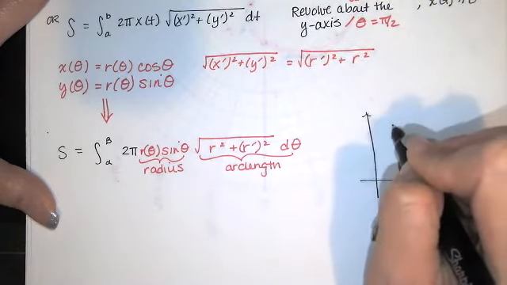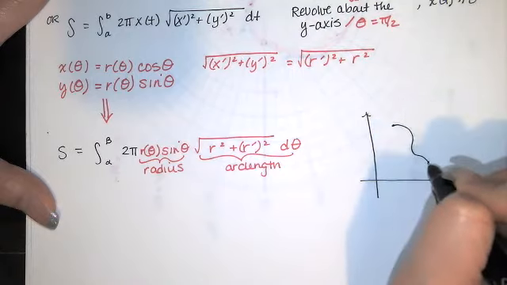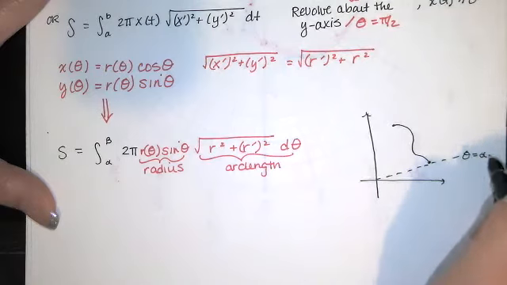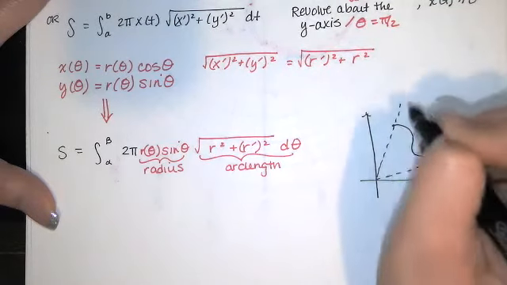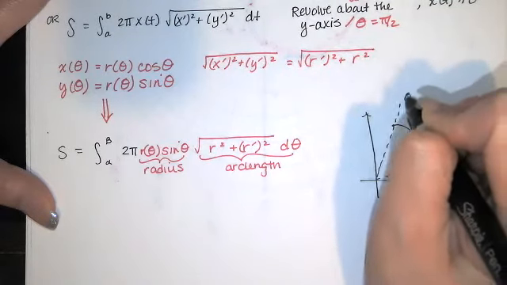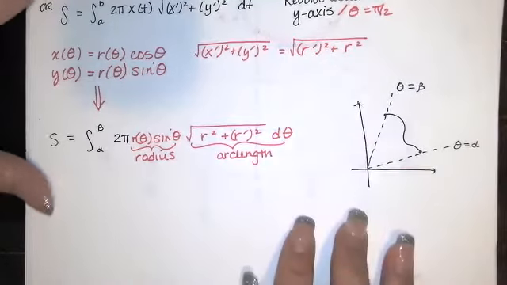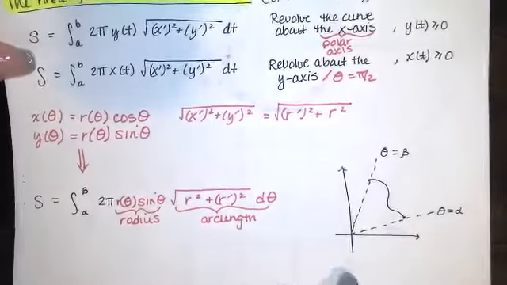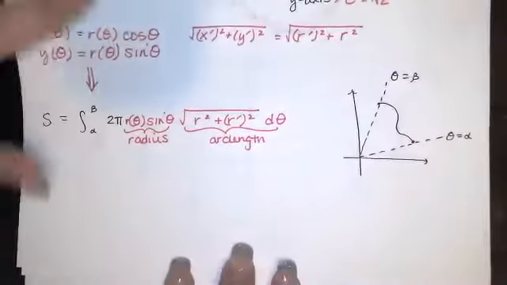So I guess we're saying we're over here and we've got some curve. Maybe it looks like this. And this is theta equals alpha, and this is theta equals beta. And we're taking this and we're revolving it around the polar axis this time.